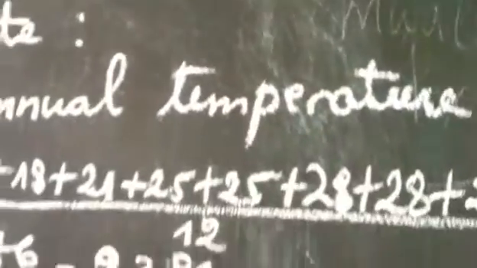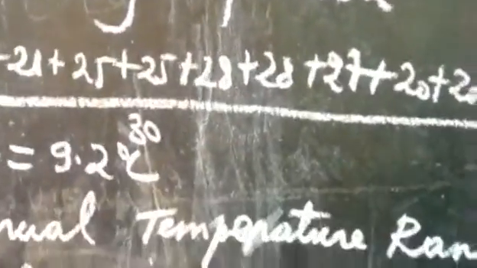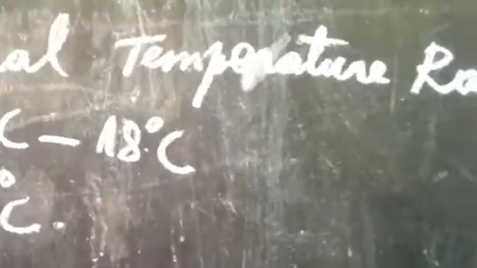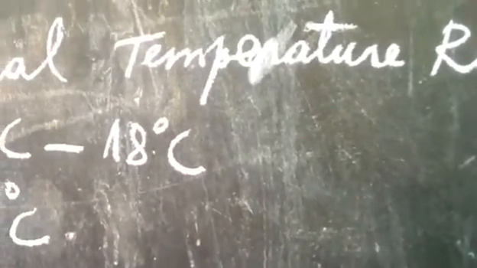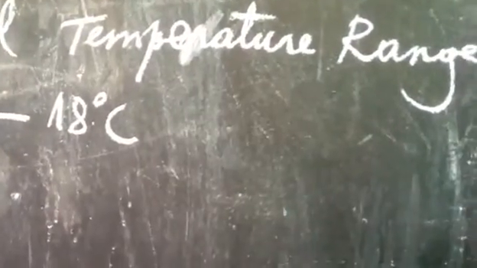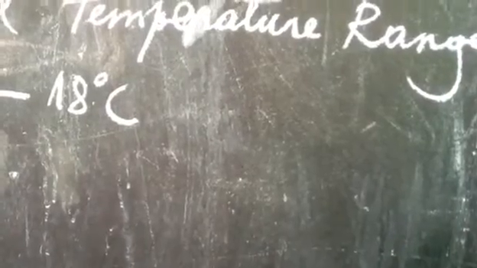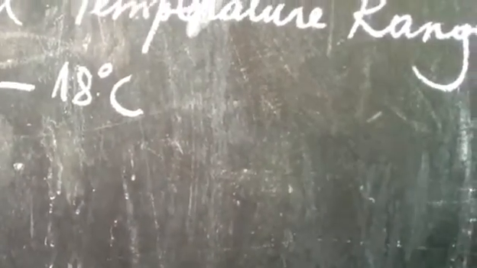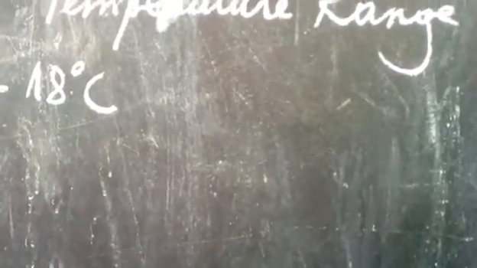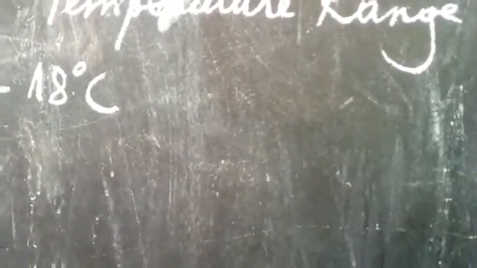Meaning that we shall take 28 degrees Celsius minus 18 degrees Celsius, and you shall get 10 degrees Celsius, meaning that mean annual temperature range will be equal to 10 degrees Celsius.